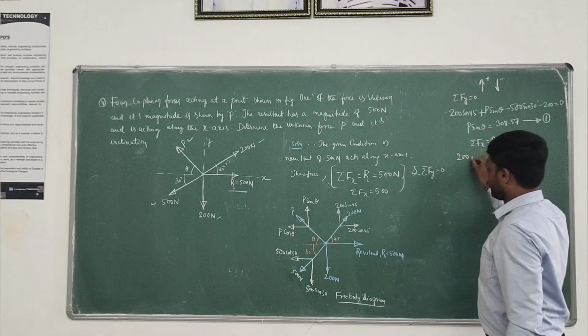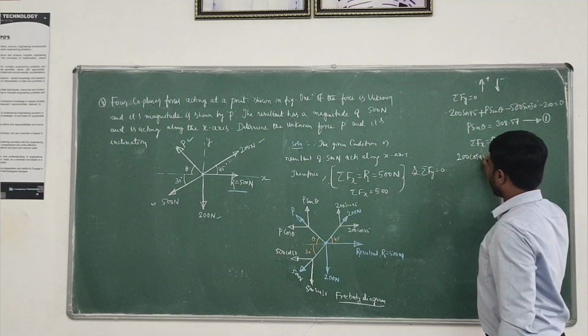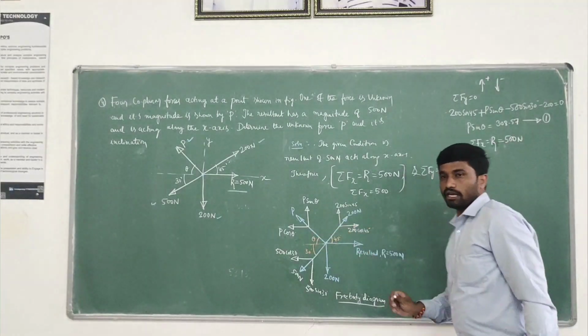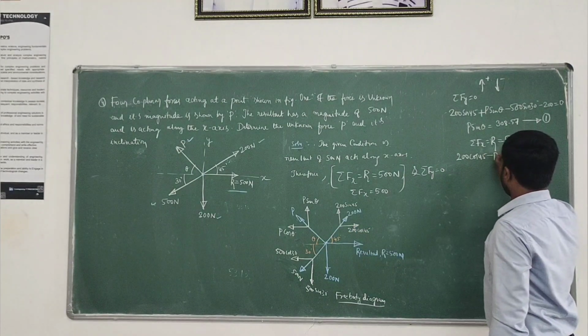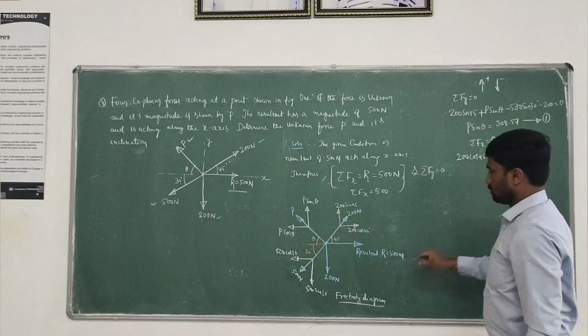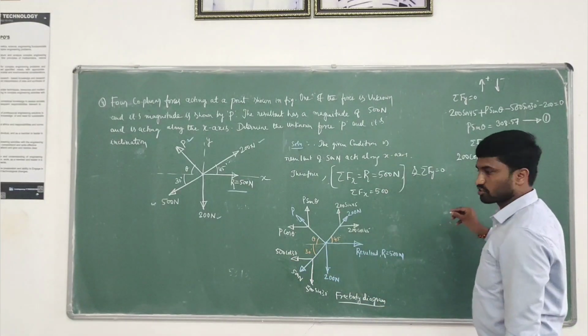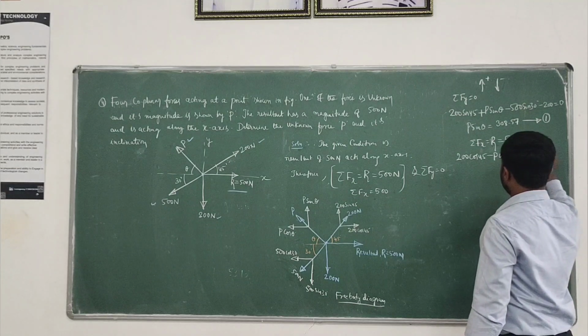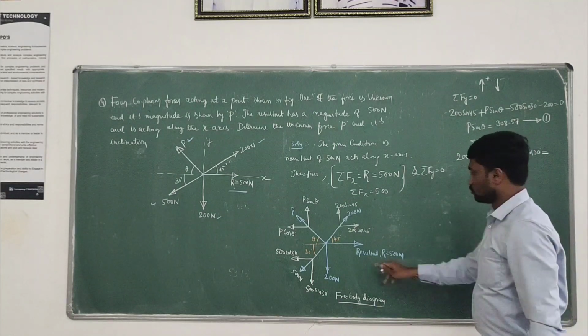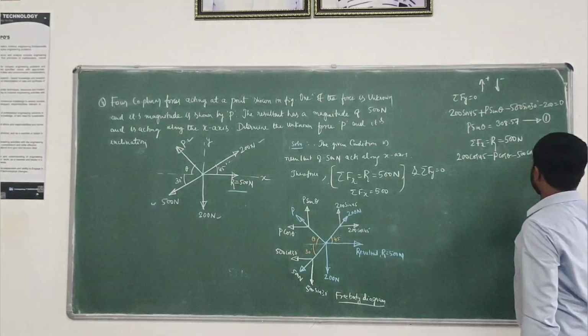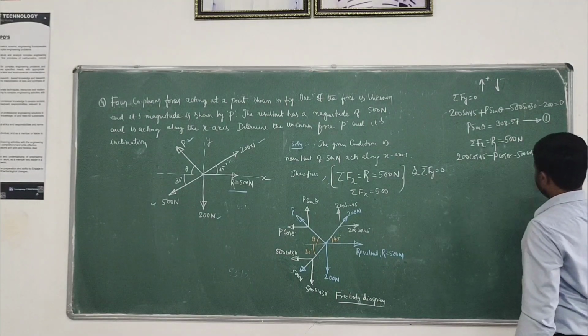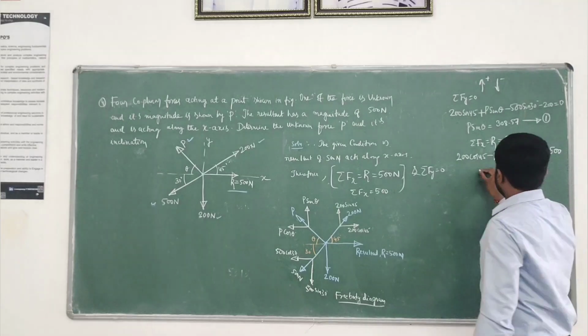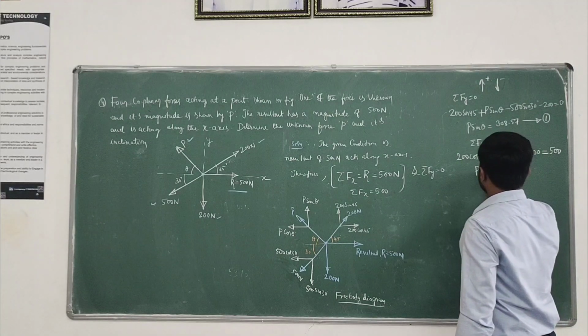Plus 200 cos 45 minus P cos theta minus 500 cos 30, which equals the resultant 500.